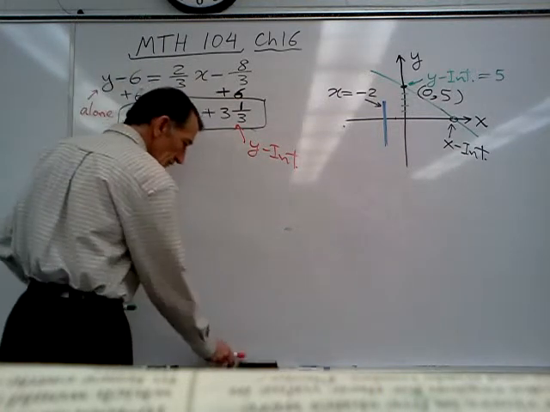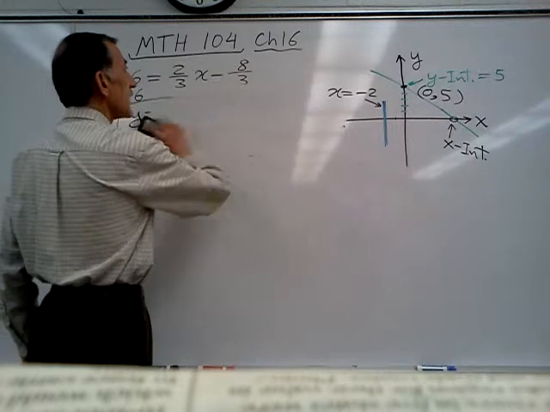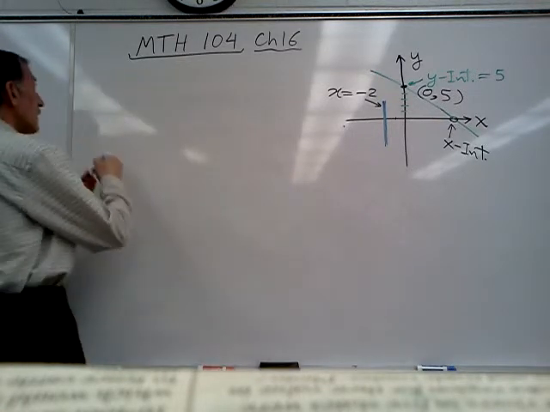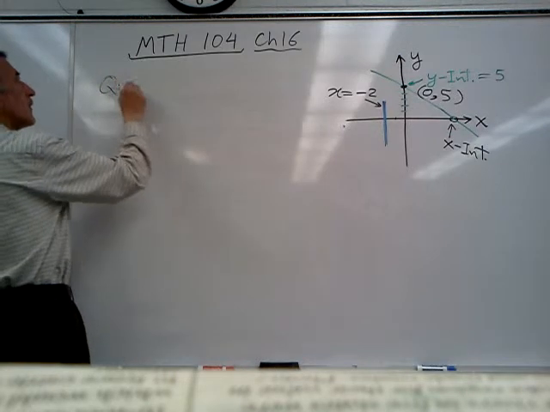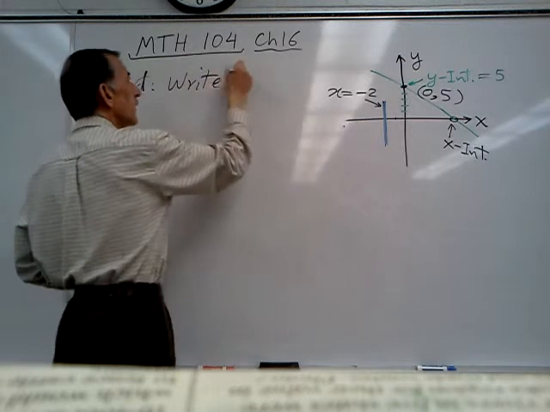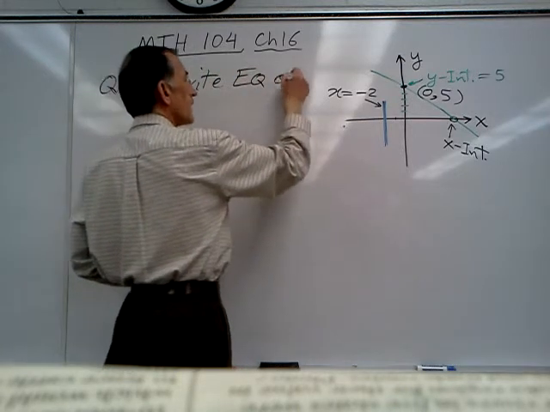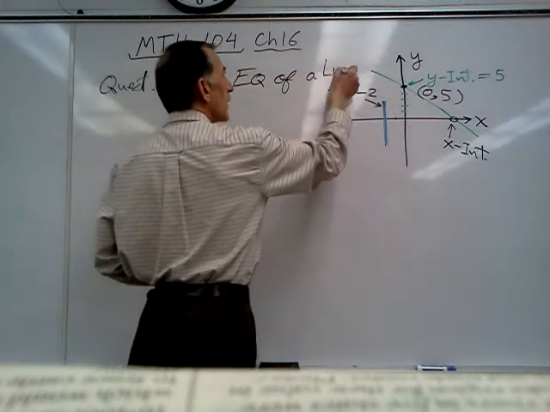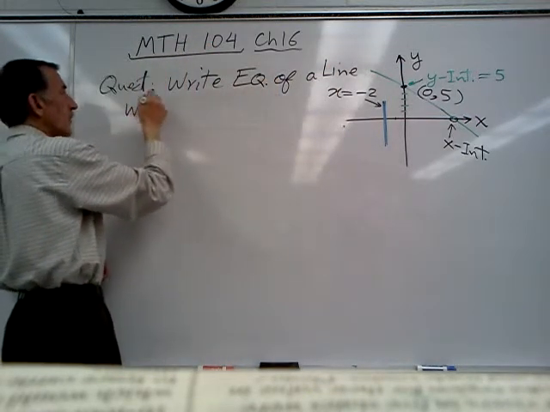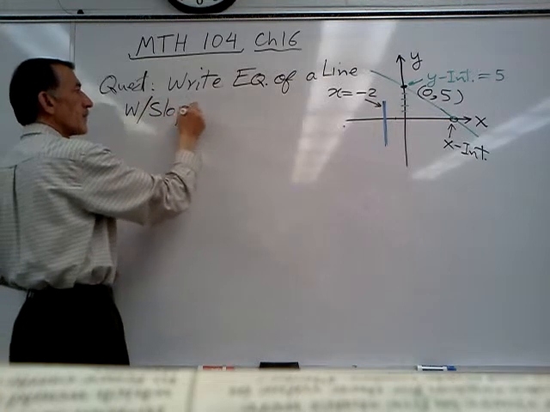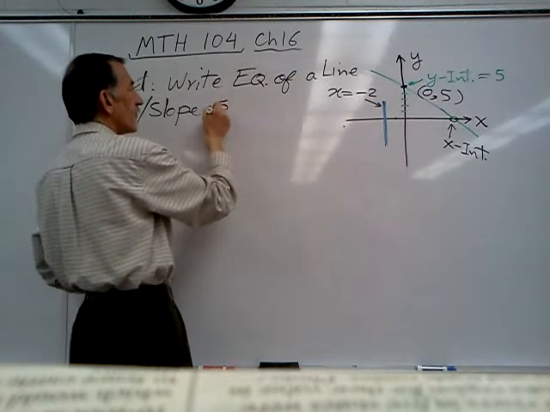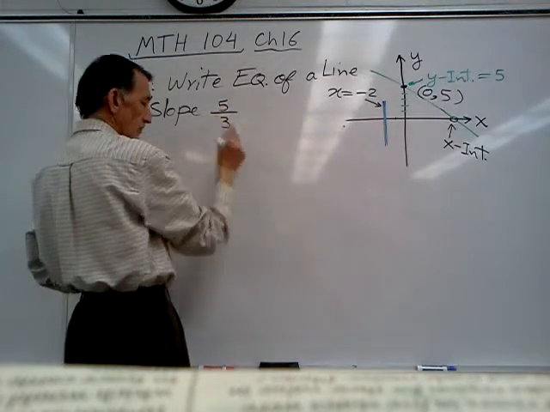Alright, let's go to the next one, and the next example is this. Question: write the equation of a line with the slope of, let's say, 5 over 3, well, 5 over 3 is about that.